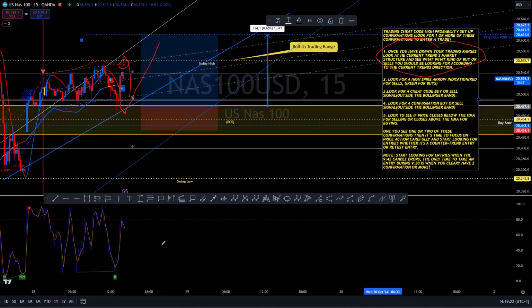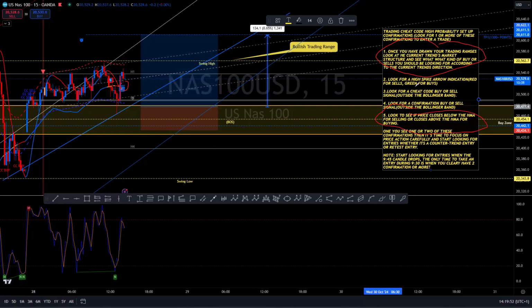Now, if price goes above the HMA and we get a confirmation buy, that might be a solid entry to buy it up to this point here. So we'll have to really wait and see what price is going to do. Price is above the HMA, so that's the first confirmation.